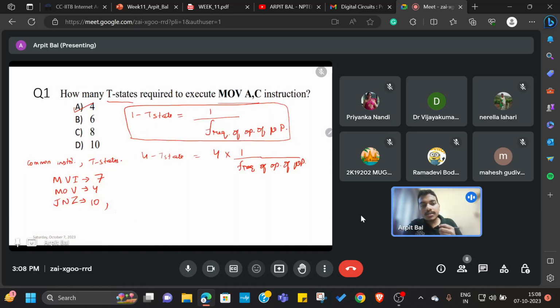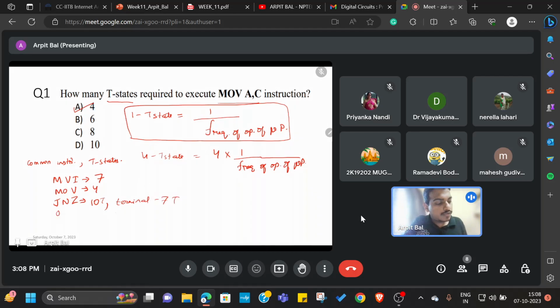JNZ is basically used for looping, right? If we want to perform an action repeatedly, then we use loops. If you are familiar with C, this will be something like a for loop or a while loop. When it is looping, it will take 10 T states, but in the terminal loop, the last iteration, it will take 7 T states.